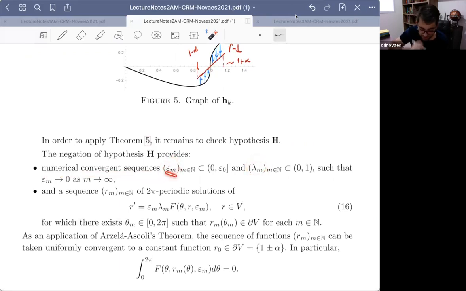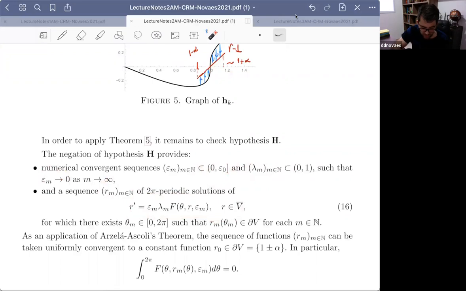n. Epsilon m belongs to this interval, which is open at 0, which is important, and lambda m is contained in this open interval, such that epsilon m goes to 0 and lambda m converges to some point in the now closed interval 0, 1. We also have a sequence of 2 pi periodic solutions of this differential equation.